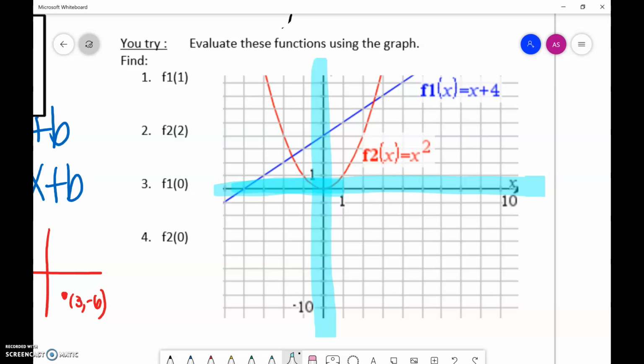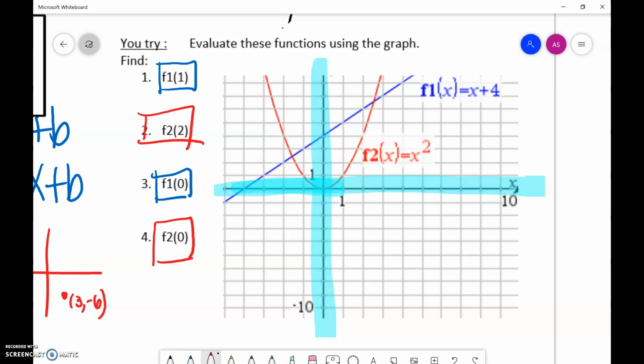They gave you a blue one, which is f1, and they gave you a red one, which is f2. So whatever number they give me, that's what I'm going to use. So number 1 is going to go with my blue function. Also number 3. So if you have colors, feel free to color that in. And my red function is going to go with number 2 and number 4.